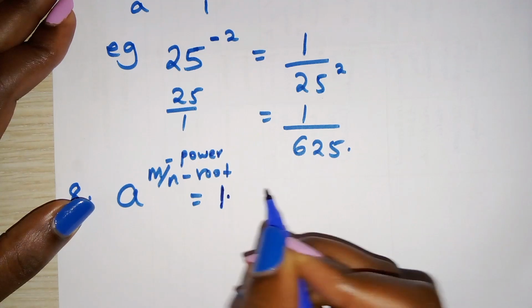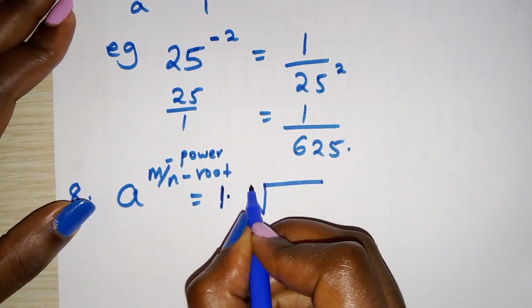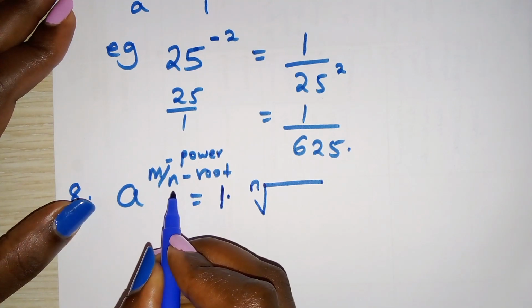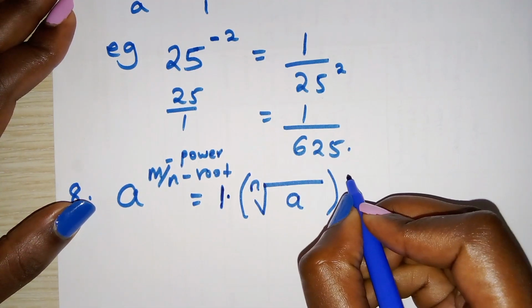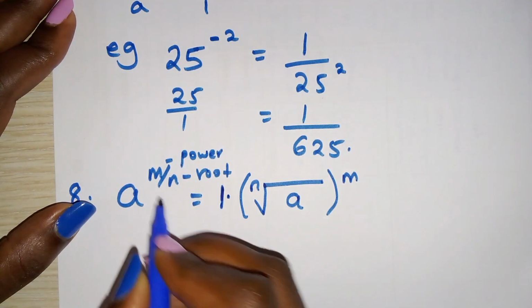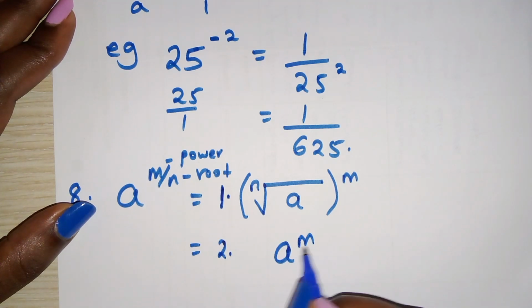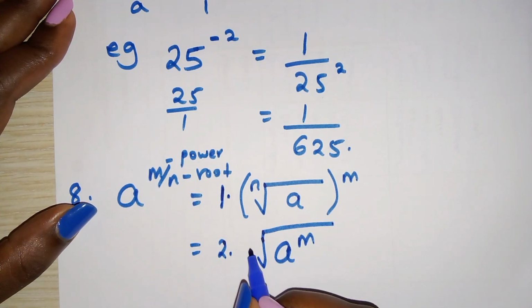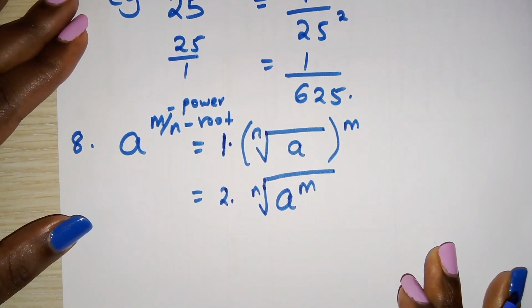So we can start with the root. The root is written like this: you put the nth root of a, and then your answer, you power it m. The other way you can do it is you can start with the power, which is a to the power m, and then you root the answer, the nth root. Those are the 2 ways of doing it.